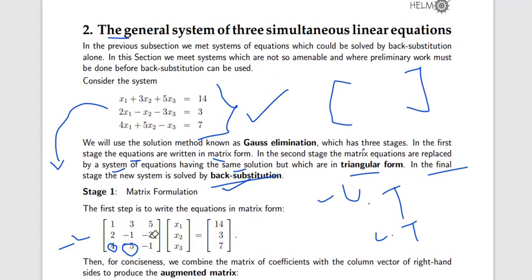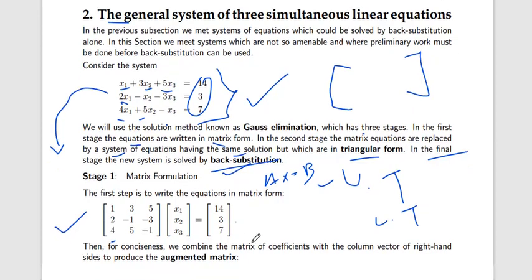In our first stage we transfer this into matrix form, A x = b. What are the coefficients of x1, x2 and x3? 1, 3, 5, 2, minus 1, minus 3, 4, 5 and minus 1, times x1, x2, x3, equals 14, 3 and 7.